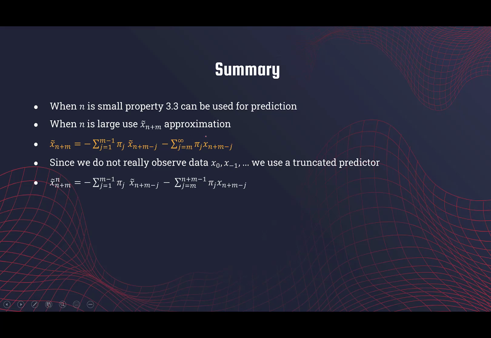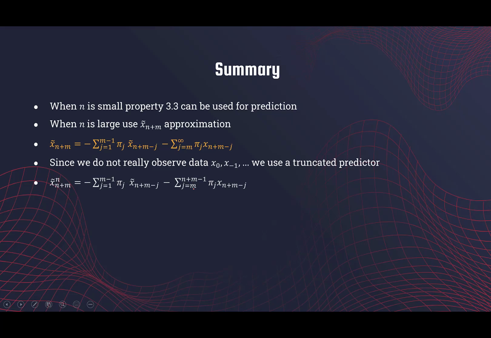Okay. So you see we are limiting this sum here. Here we go all the way to infinity, but here we restrict ourselves to this range. j goes from m to n plus m minus 1. So we're not going all the way in the past, we're only going here.